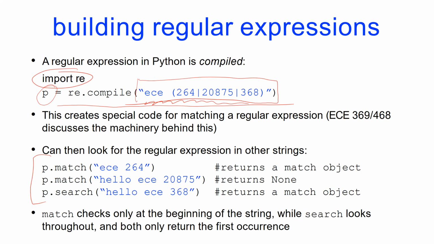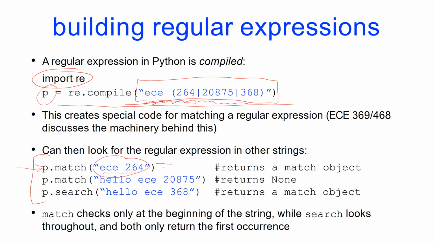All right, now I can ask questions. First, I want to say p.match. This tries to look for a match using this regular expression within the string you are provided here.